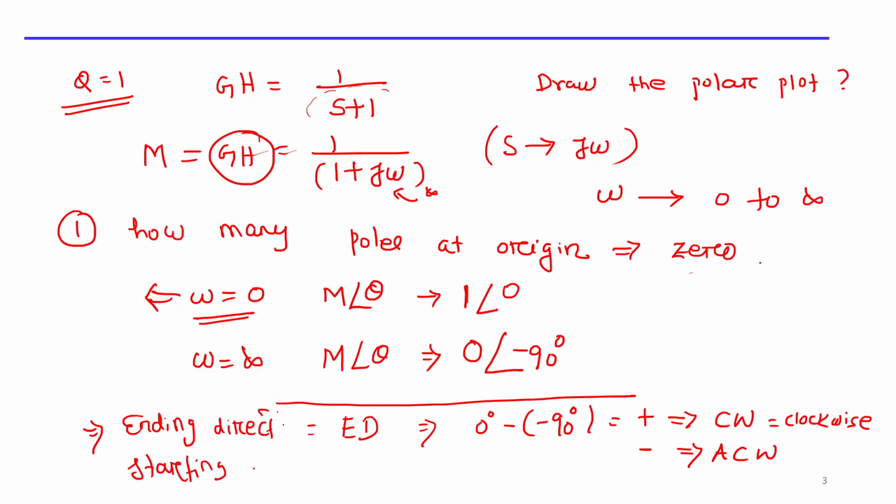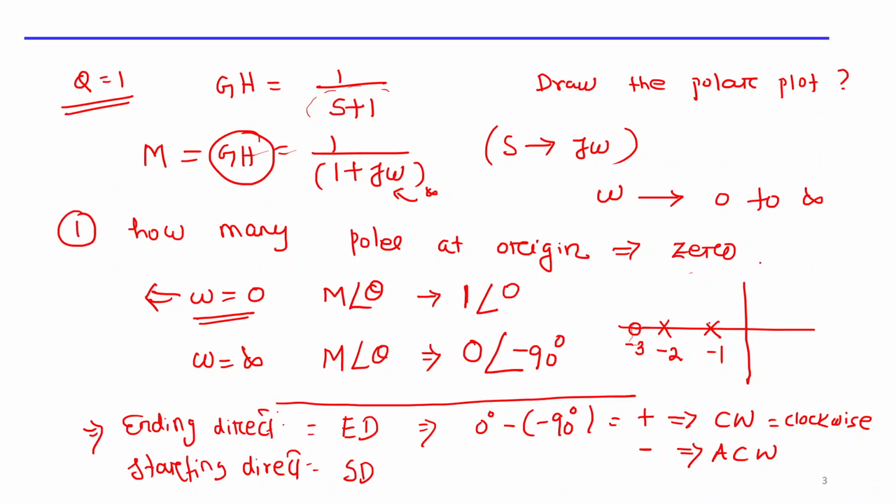Remember, the starting direction is given by the number of finite poles and finite zeros. What do I mean by finite poles and finite zeros? Finite poles and finite zeros are the poles and zeros which are finite, not at origin. Let me give an example. Suppose one pole is located at minus 1, one pole is located at minus 2, and a zero is located at, suppose, minus 3.